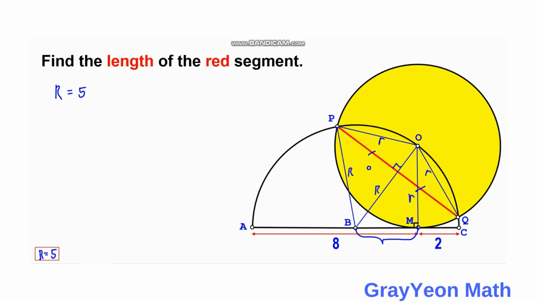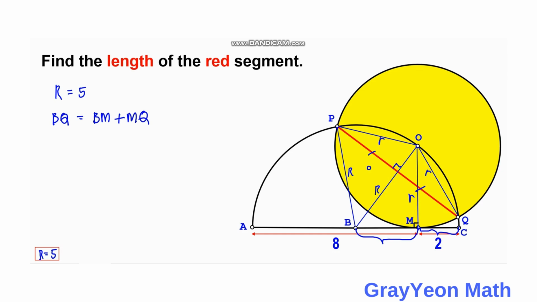The radius can be represented by the length from B to Q. So BQ is equal to BM plus MQ.